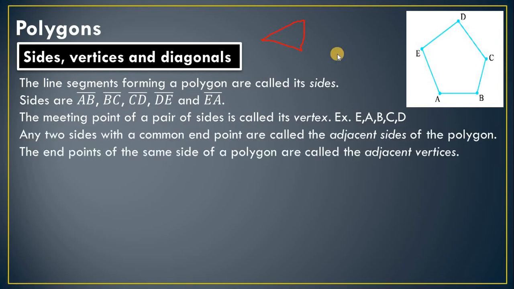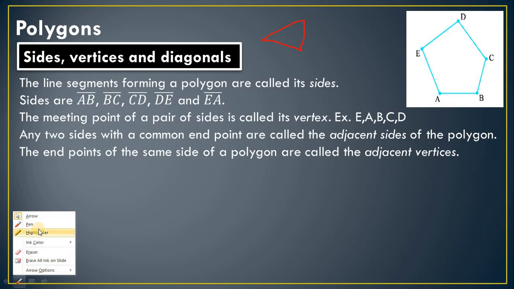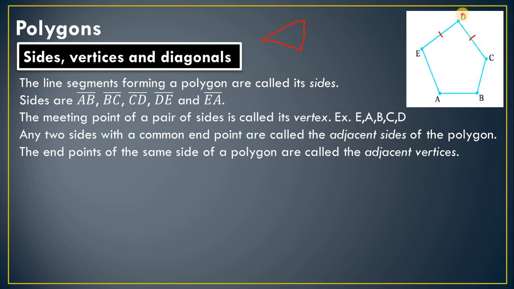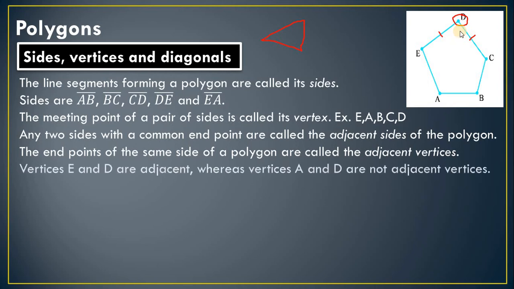Any two sides with a common end point are called adjacent sides of the polygon. So EA and AB are adjacent sides because they have the common point A. If I give you one more example, this is one side and this is the second side, and the common point is D. So these are two adjacent sides, and the center vertex is D. And E and D are also adjacent.